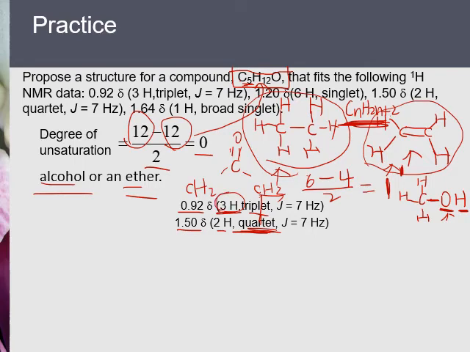You see here you have a 3-hydrogen CH3 and a 2-hydrogen CH2, and that indicates you have this group, CH2CH3. These 2 hydrogens appear as a quartet because of the 3 hydrogens next to them, and the CH3 appears as a triplet because you have the CH2.